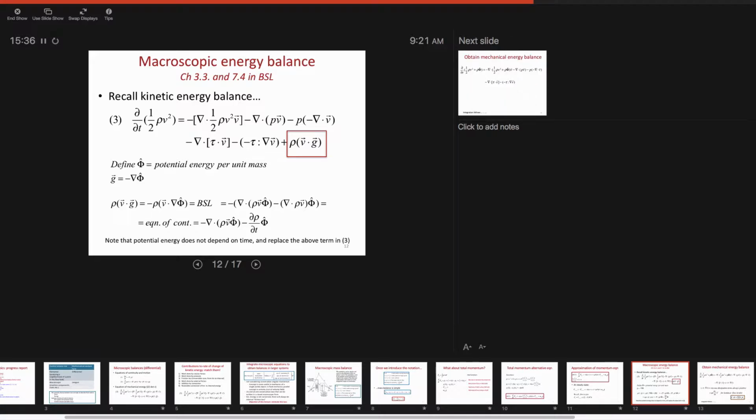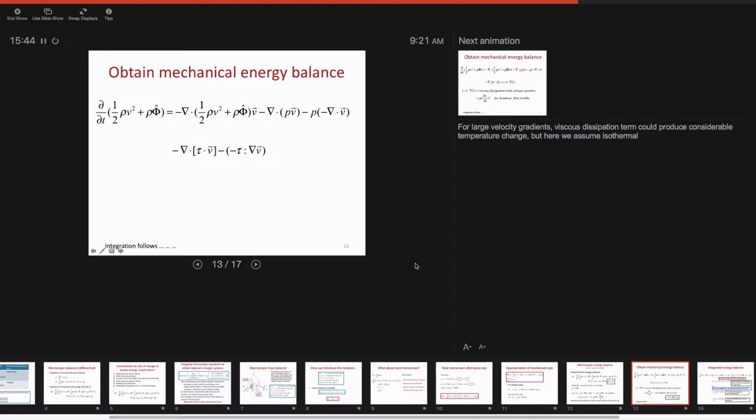Since phi is actually not dependent on time, I can do a derivative of it just fine and put it on the right hand side. Okay, and this is now my both kinetic energy and potential energy term. And here I have again the divergence of both the kinetic energy and potential energy term.